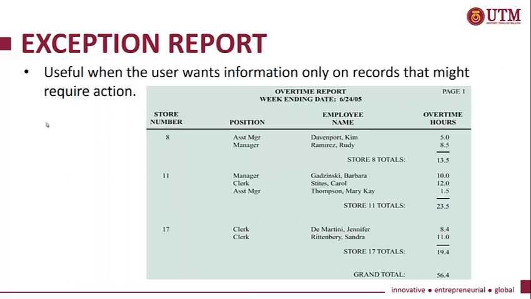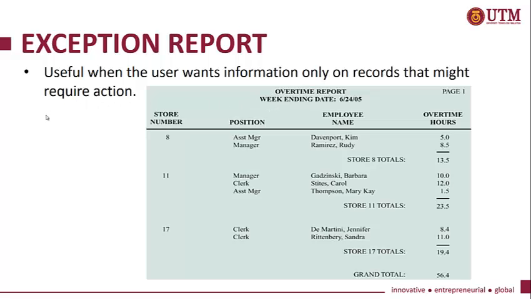This is another printed report, which is the exception report. It's useful when the user wants information only on records based on a certain condition. This is an example report for overtime employees.